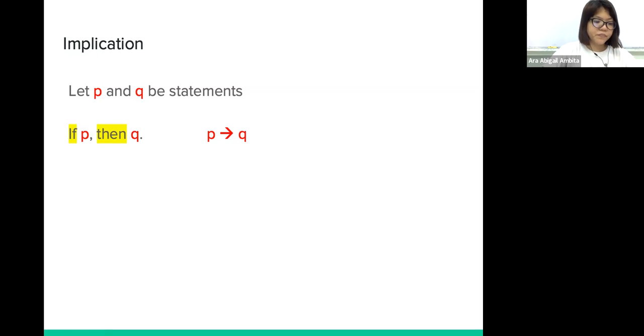Now, from this original conditional statement, there are other implications that we can derive. Let us start with the converse.